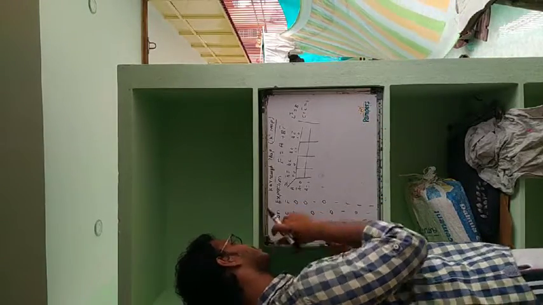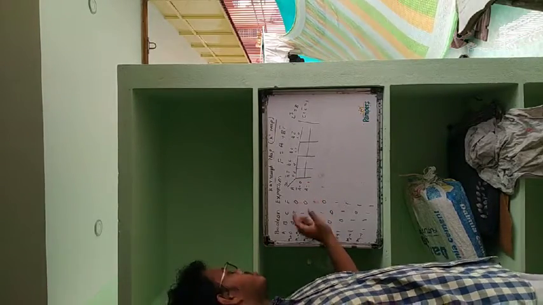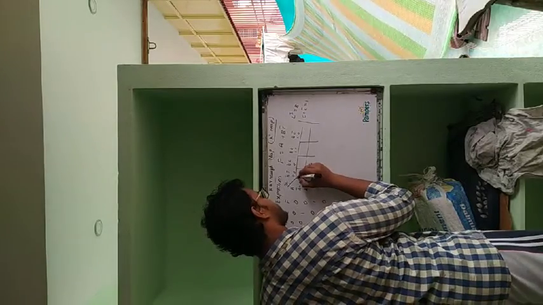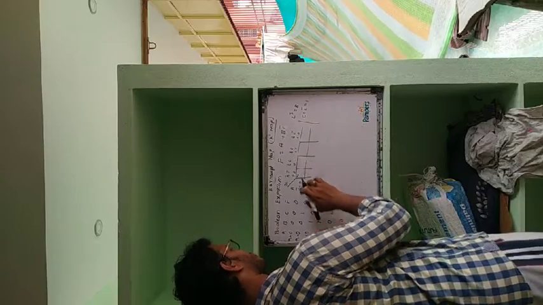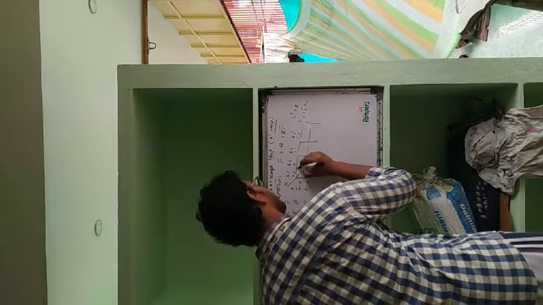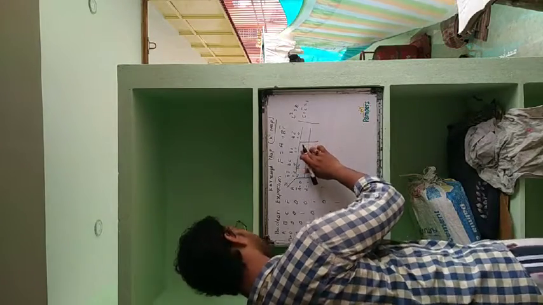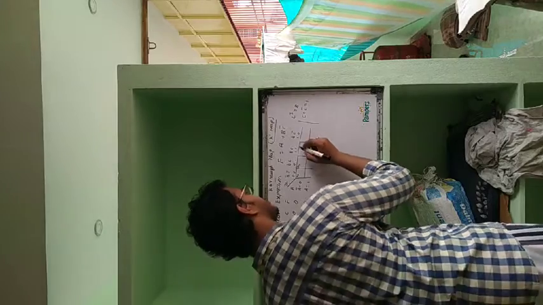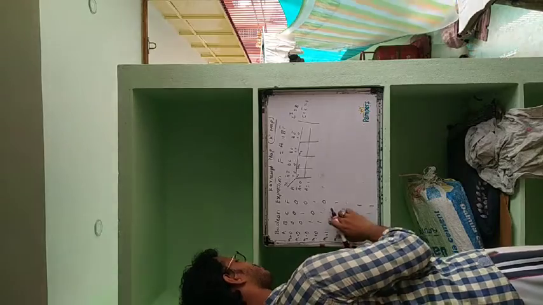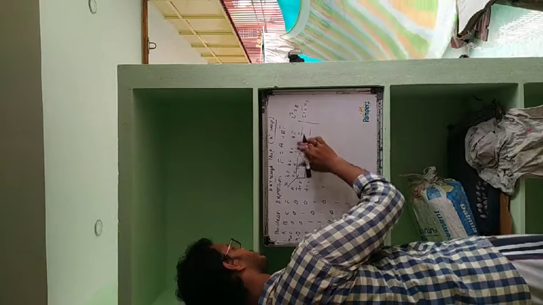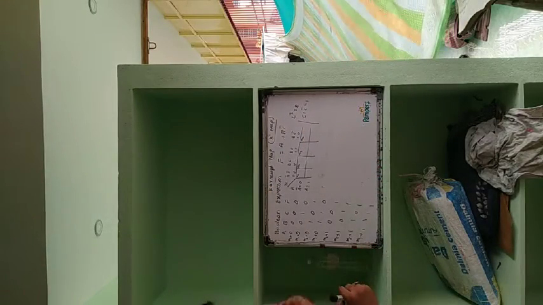See, 0 0 0 is the place m naught. 0 0 1 is m1. Again 0 1 1, that place is m3. Next one is 0 1 0, that is m2.